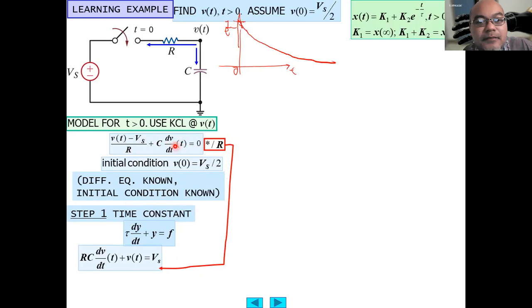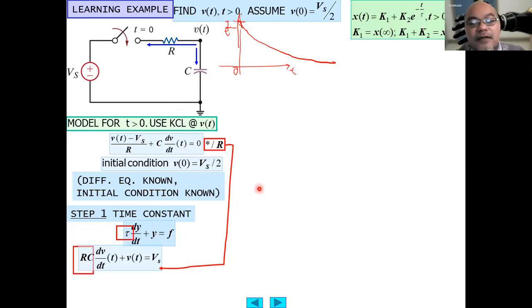Because you have to have one term which is the variable that you want to know, in this case Vt. In the original KCL, the Vt is still divided by R, so in order to have Vt, you have to multiply by R. If you ask why we multiply by R, it is because we want Vt multiplied only by 1 as the multiplying factor.